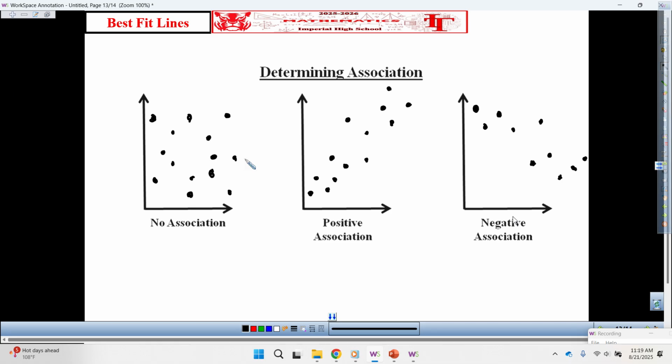What do you guys notice? Neither going up or down. It's just kind of all scattered all over the place, right? So copy that, please. And send me a picture of your notes. I want to see what you did on the screen.